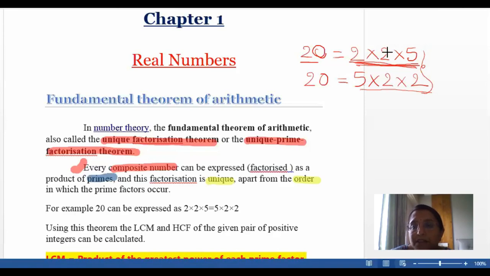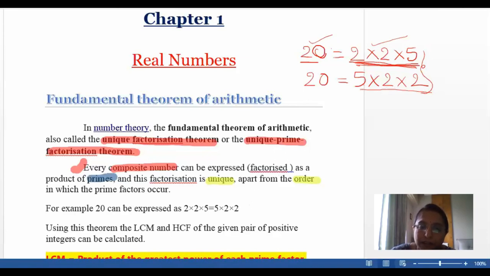So the fundamental theorem of arithmetic states that every composite number can be expressed as a product of prime numbers, but they are unique and the order may be different. This is the fundamental theorem of arithmetic.